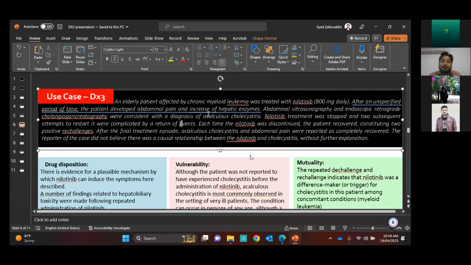And since the reporter, who is the HCP, the healthcare provider or professional, has clearly stated that he or she did not believe in any causal relationship between drug and the event, this makes the case more inclined towards non-causal association. But if you apply the DX3 scale for the same case with the same information, you will be amazed with the result. So this is the beauty of this scale.